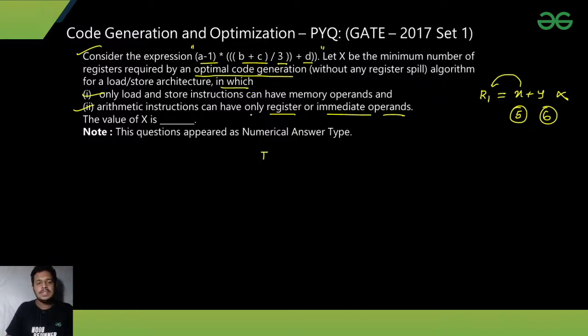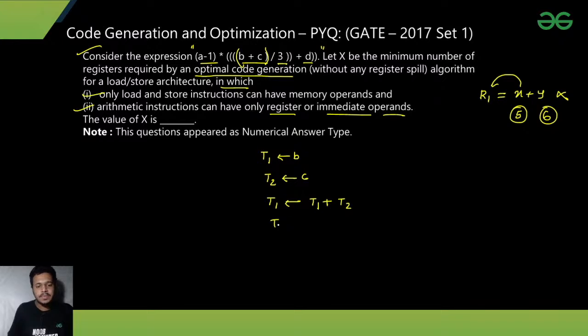Firstly, let's take register T1 and it is taking the value of B. Now let's take another register T2, it is also taking the value of C. Now let's take this T1 itself, and T1 will take B plus C. So we can write like this: T1 is equal to T1 plus T2. The resultant of this T1 plus T2 will be placed in the variable T1.